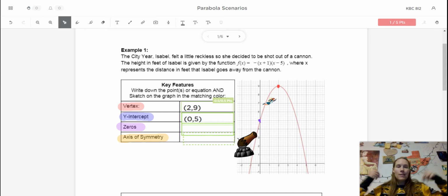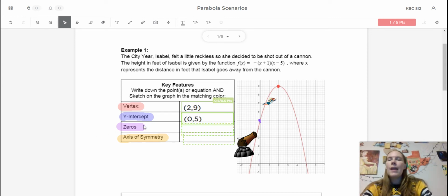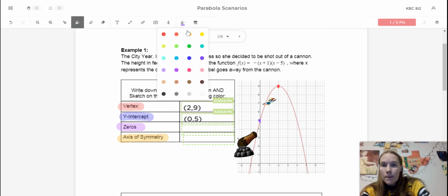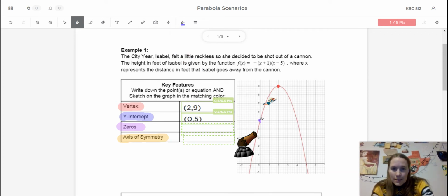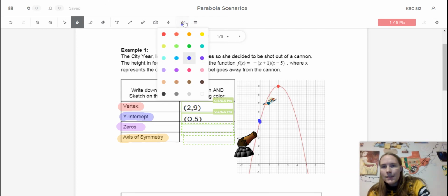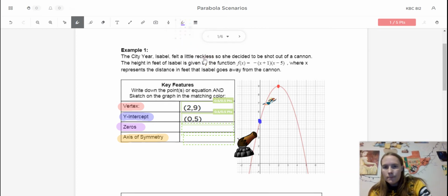I'm going a little bit fast over this part because this should be something we already know how to do. Then our zeros. Oh, wait, that's blue and that's purple. It's been a long night, y'all. So let's pretend this is blue. I'm going to redraw over it. All right, that's blue. The zeros are going to be purple. So the zeros, remember, are the x-intercepts.